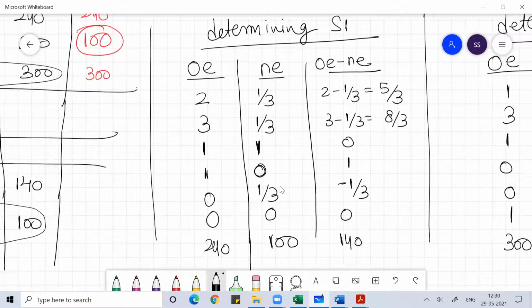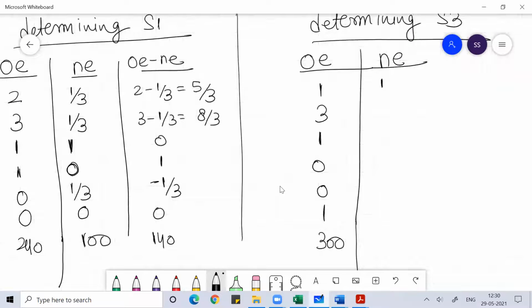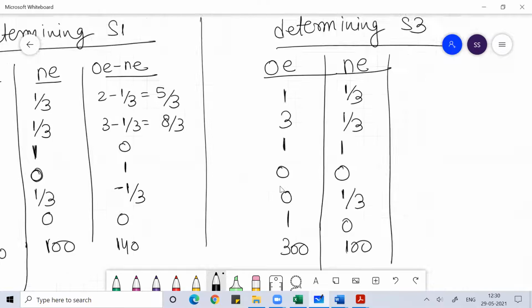The new element would be this only: 1 by 3, 1 by 3, 1, 0, 1 by 3, 0, 100. The constant is 1 only.